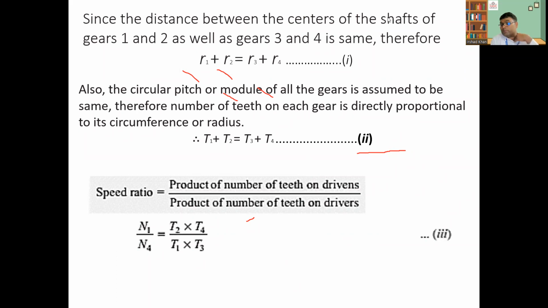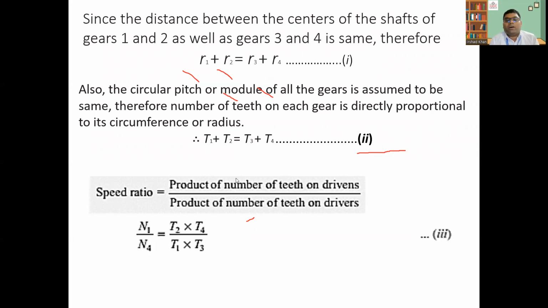We can say that the number of teeth on a gear is dependent on the size of the gear. So as this relation holds, we can also rewrite it as T1 plus T2 equals T3 plus T4. That is a simple fundamental thing, well understood.